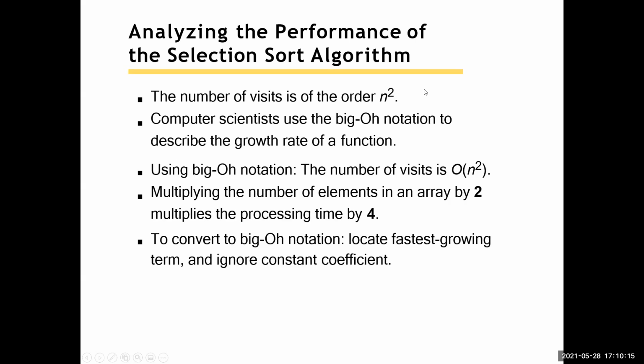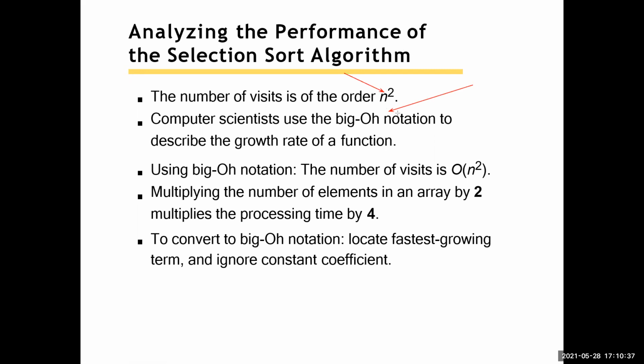I'm not too concerned about how we get here, but what I am concerned about is that in our algorithm, we're going to have something called big O notation. The big O notation is going to tell us how this thing is going to change based on the number of elements that we are looking at.